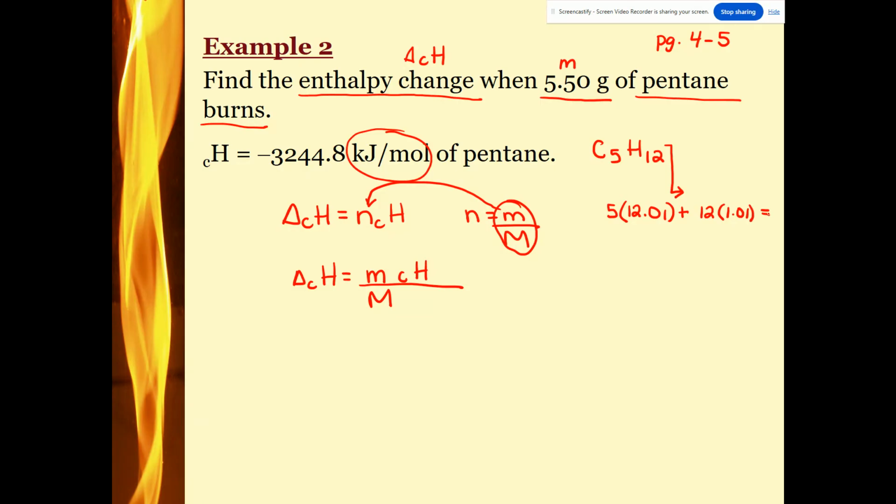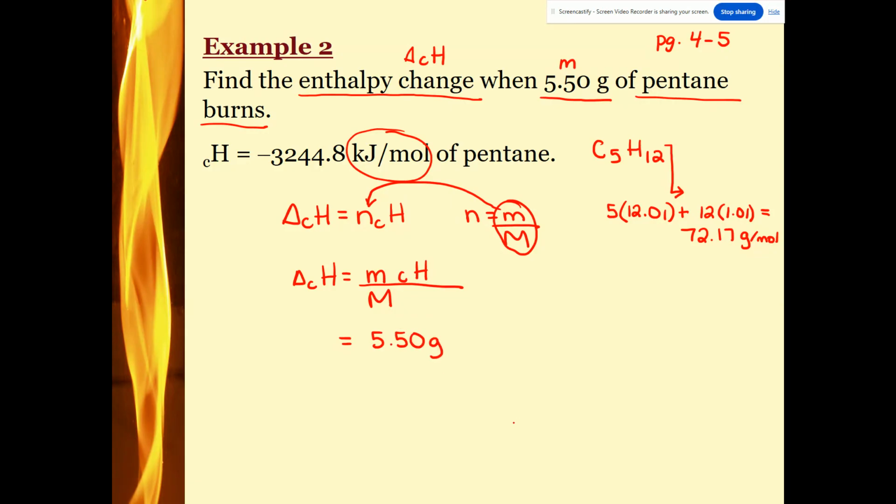Do it all in one quick step. So 5 carbons, which are 12.01, plus 12 hydrogens, which are 1.01, gives us an answer of 72.17. Always double check your molar mass, because it would be a shame to get this whole question wrong just because your molar mass was wrong.